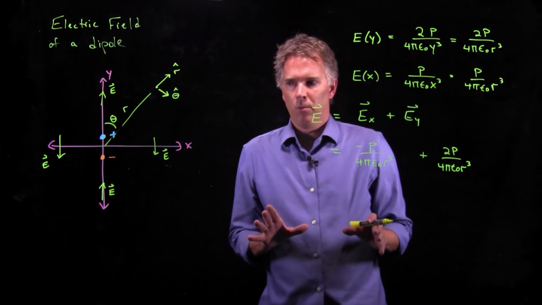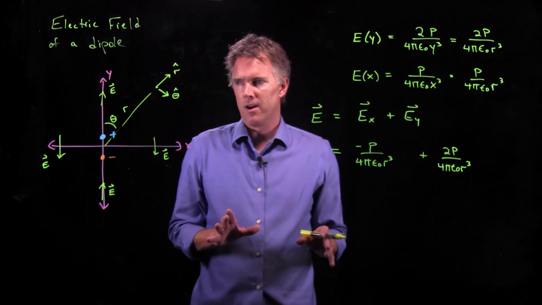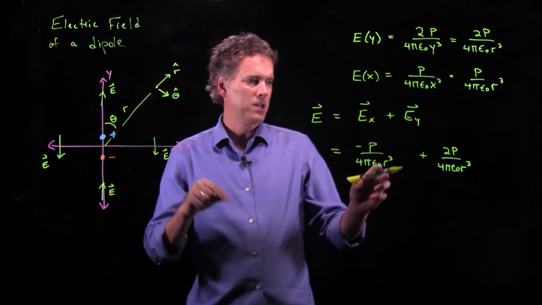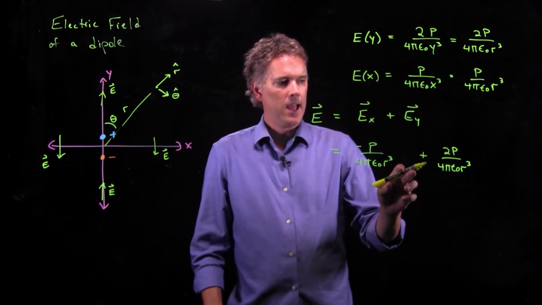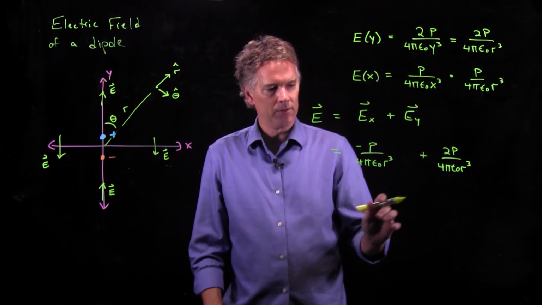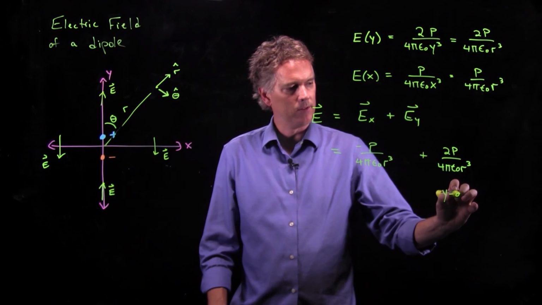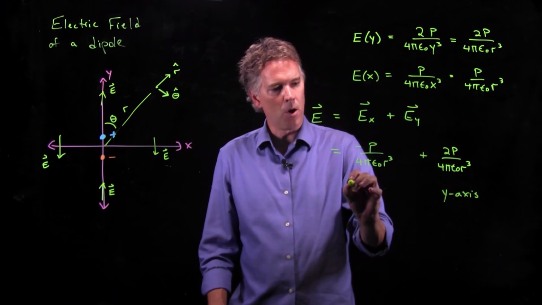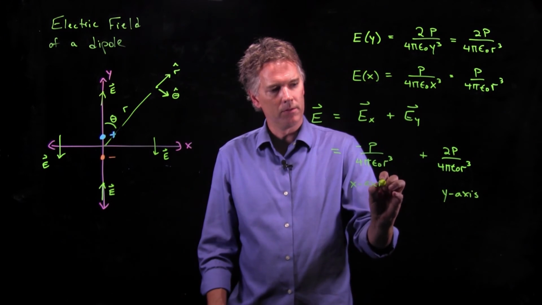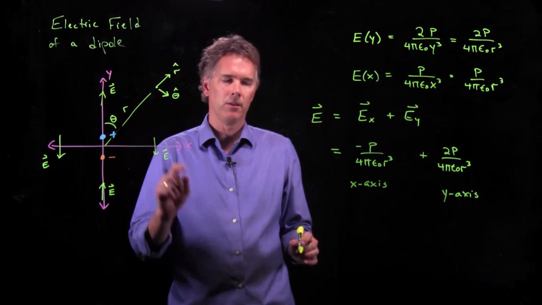I need to add one more thing here, which is the following. I need to put in some theta dependence on these. If I'm all on the y-axis, or I'm all on the x-axis, what are my particular thetas?